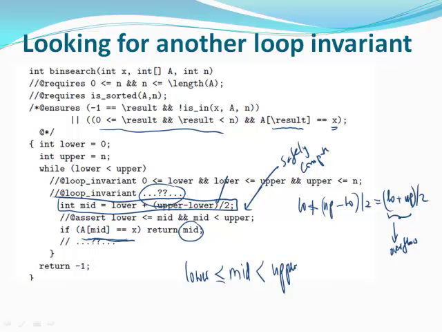The mid that you have is between the lower and the upper, which allows us to prove this condition here. Since lower is 0 and the upper is n, we can prove the result has to be between 0 and n minus 1. So we can already prove that if it returns correctly, then we will have the correct results.